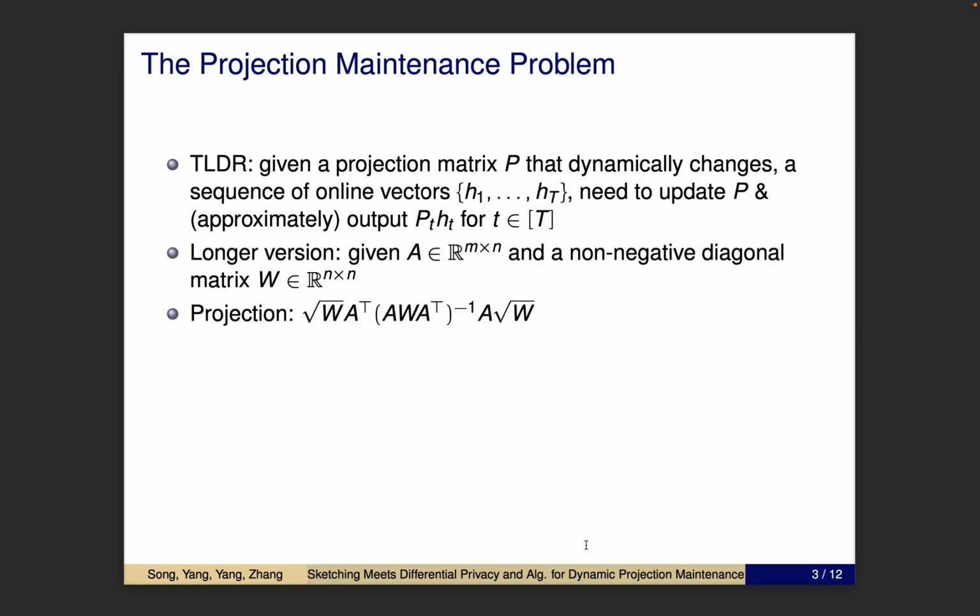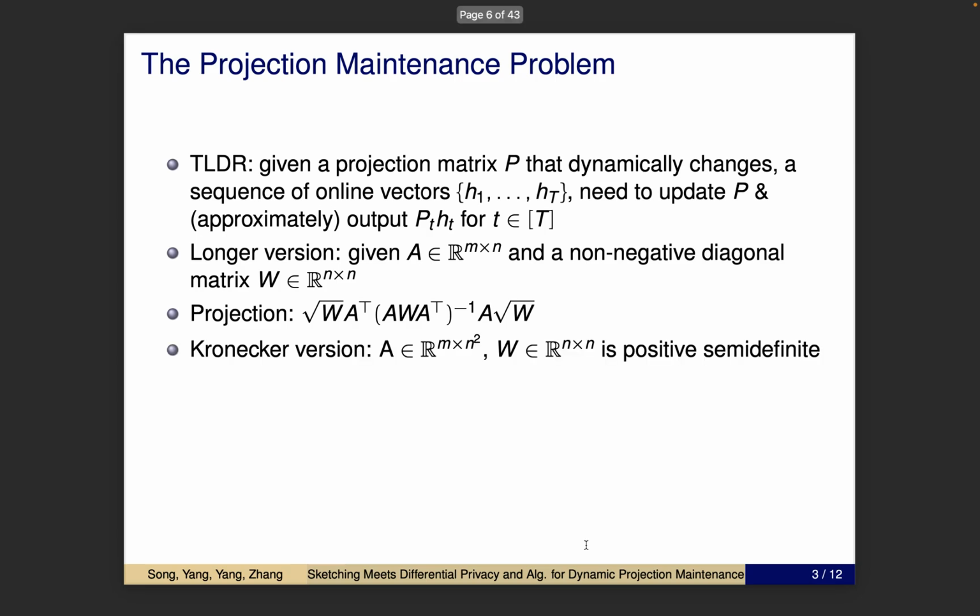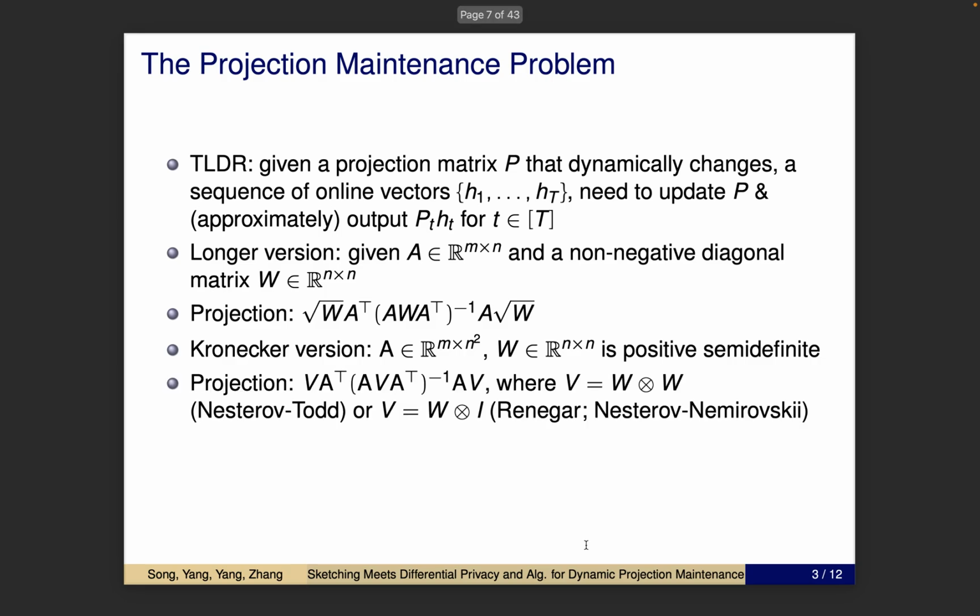This is one of the very canonical applications in linear programming, and you can generalize that to semi-definite programming, where your constraint matrix is of size m by n squared, and your W here, instead of a diagonal matrix, is positive semi-definite. The projection is defined as projecting onto the column span of A times V, where V can be W Kronecker W. This is the primal dual central path introduced by Nesterov and Todd, or V is equal to W tensor identity matrix.